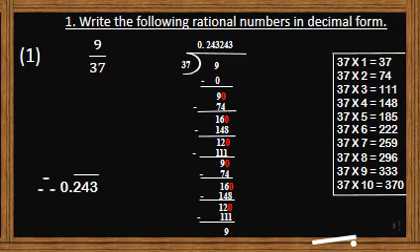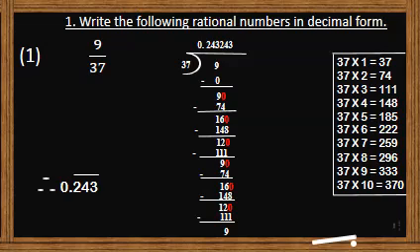So we will take less than 90, which is 37 twos are 74. By subtracting, 90 minus 74, we get our answer as 16. Now we will put 0 after 16, so the number becomes 160.